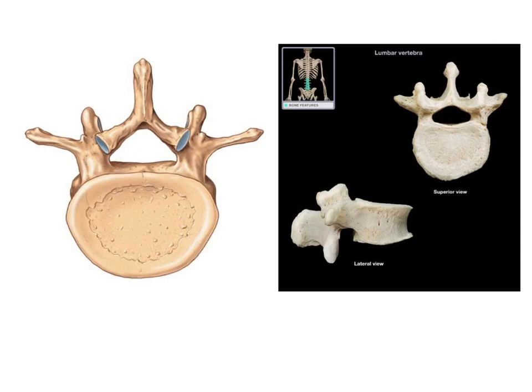Then there are also some processes, or sort of pokey bits, in the vertebrae. There is the spinous process, and this is the posterior part of the vertebra. If you feel the bumps on your back, you're feeling the spinous processes of your vertebrae. And there are also two transverse processes, one right here and one right here on each vertebra.